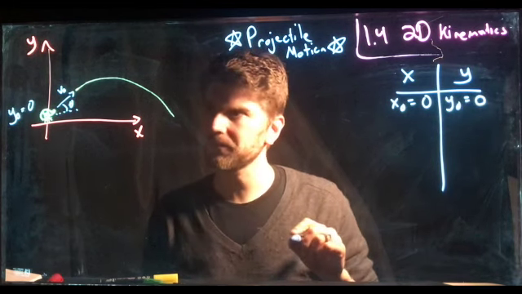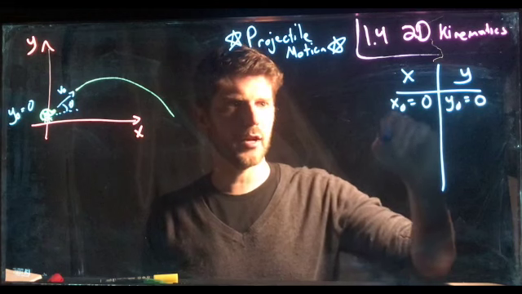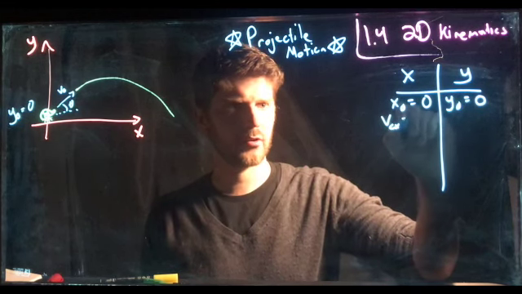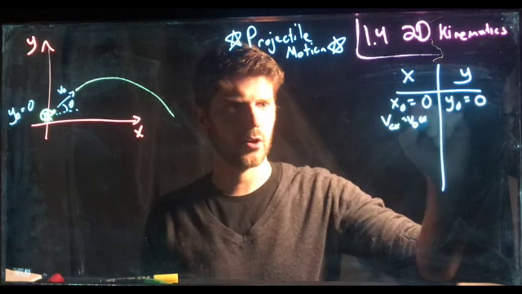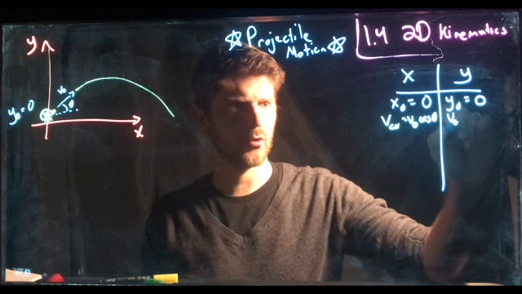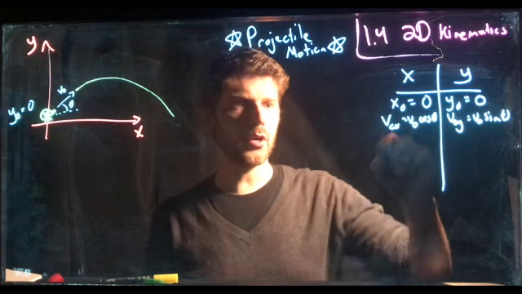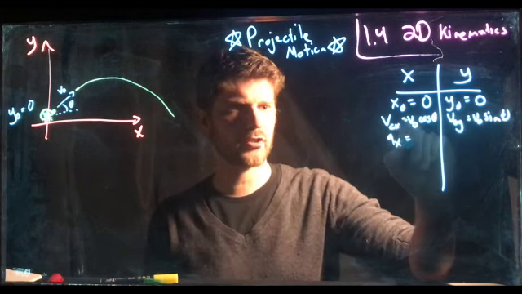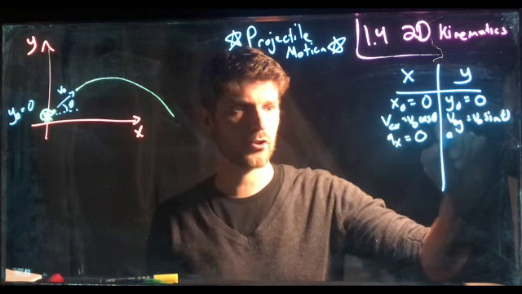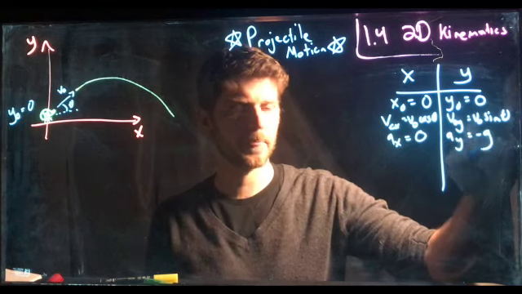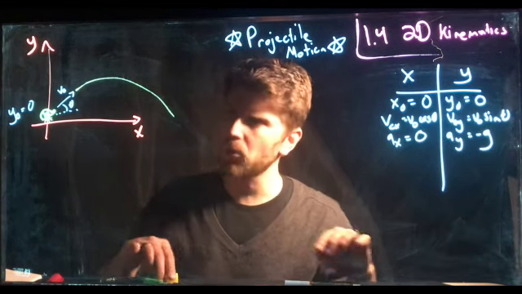We know that our initial velocity in the x is going to be v0 cosine theta. v0y will be v0 sine theta. Great. We know our accelerations: our acceleration in the x direction is nothing, and our acceleration in the y direction is negative g. And then we can say, well, what do we want to know?